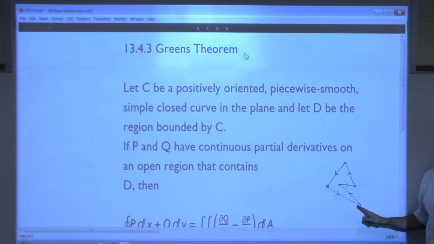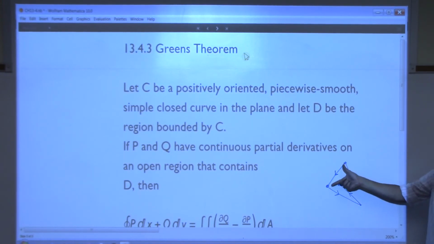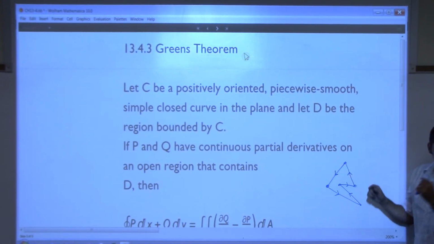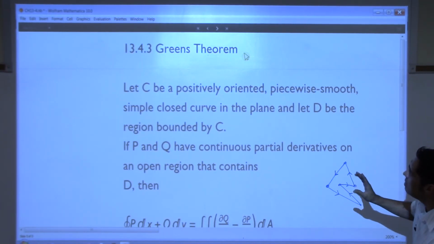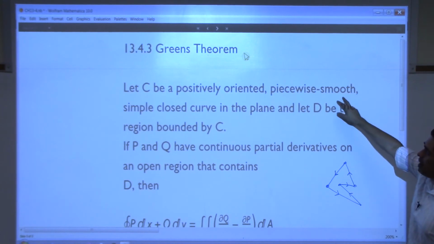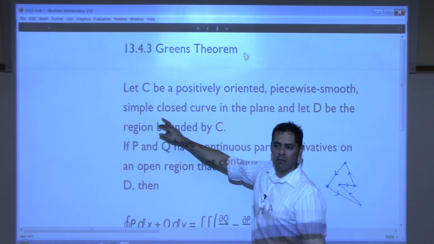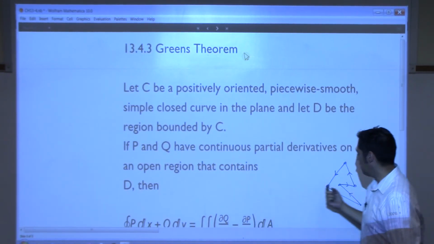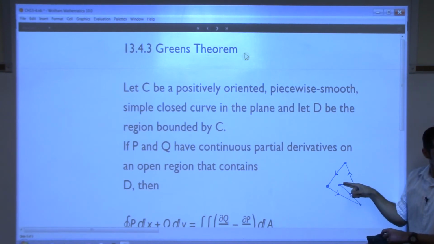Piecewise, it's smooth. That piece is smooth, that piece is smooth. So you could break up that C into a bunch of smaller, smooth segments. So as long as C is positively oriented, piecewise smooth, simple, closed, which means I can't have a hole in the middle, right?